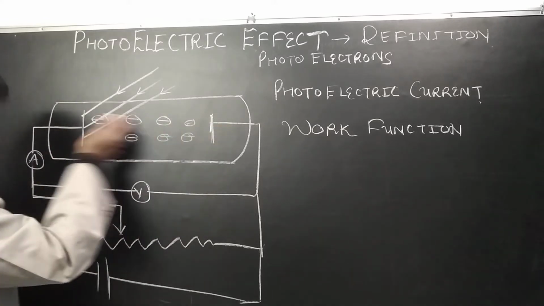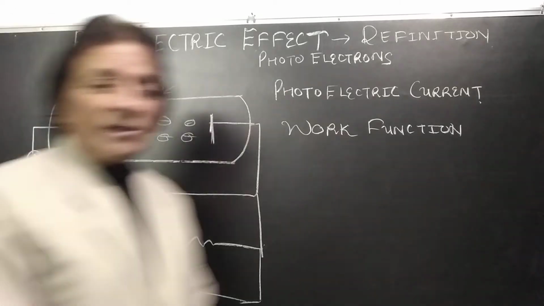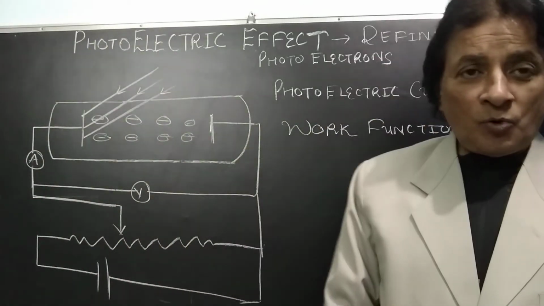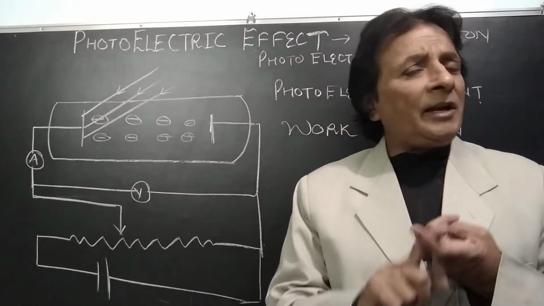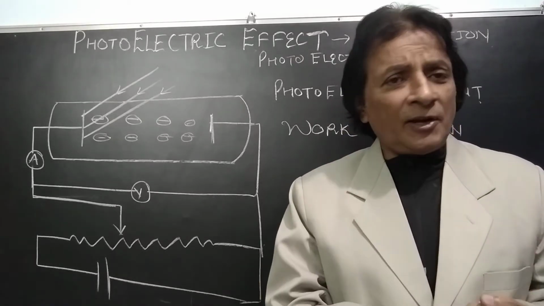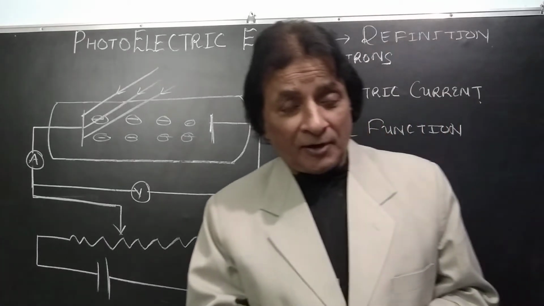Electrons are going like this, the current is flowing like this. So students, that is called photoelectric current. Now you're clear with the three definitions: what is the photoelectric effect, what are photoelectrons, and what is photoelectric current.